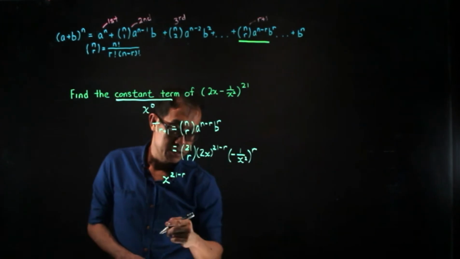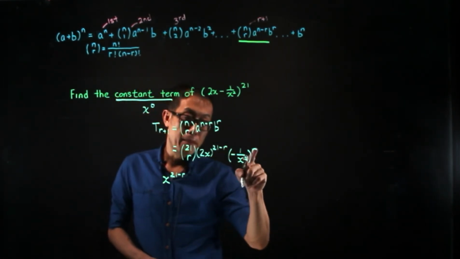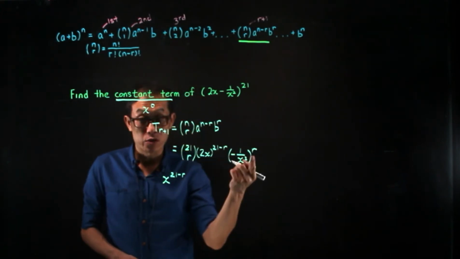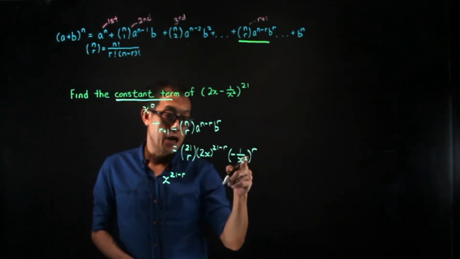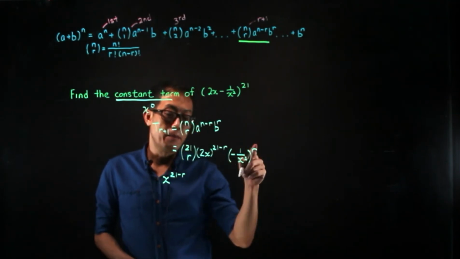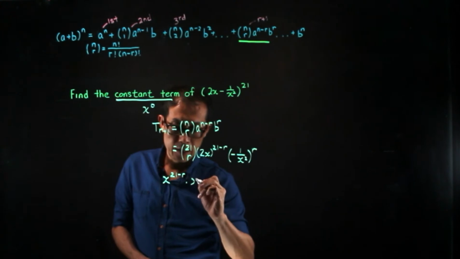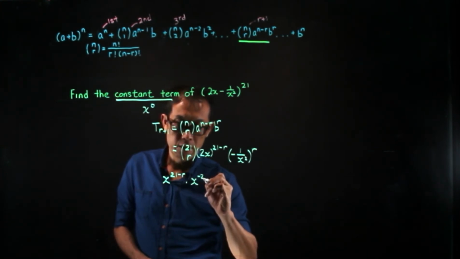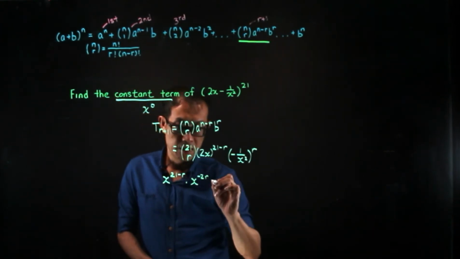And how about this? This is x to the power of minus 2r, because 1 over x squared is x to the power of minus 2, so you times the r, x to the power of minus 2r. Now you can use a law of indices.